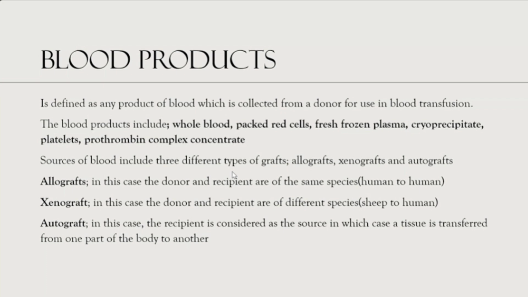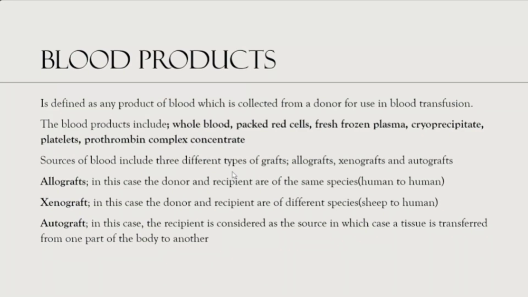Sources of blood include different types of grafts. We have the allografts, the xenografts, and the autografts. The allografts are where the donor and the recipient are of the same species, like from human to human. For the xenografts, the donor and the recipient are of different species, for example from sheep to human.